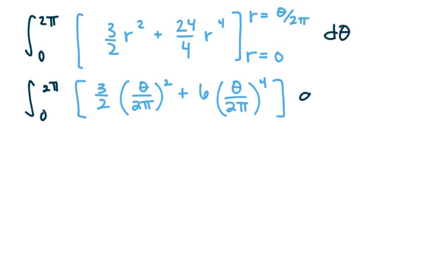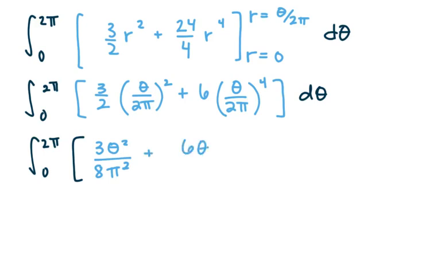So now we need to simplify this integrand here, which I now have 0 to 2 pi. So what do we have inside? I have theta squared, so 3 theta squared, 2 pi squared is 4 pi squared times 2, so I have 8 pi squared, plus 6 theta to the 4th. 2 to the 4th is 16, so that's 16 pi to the 4th.